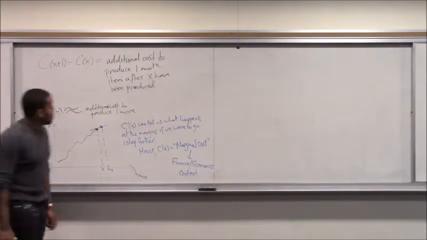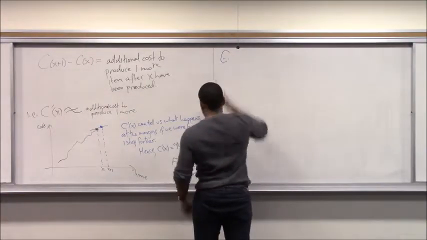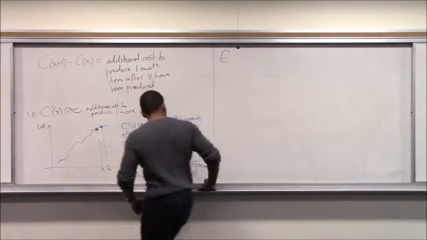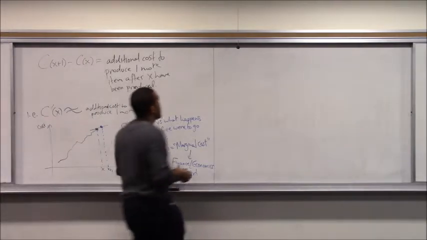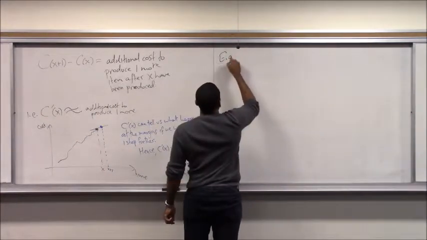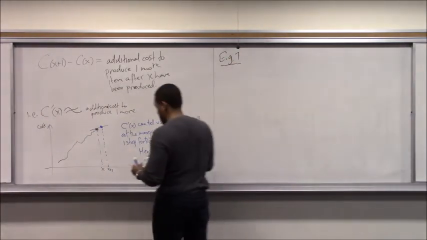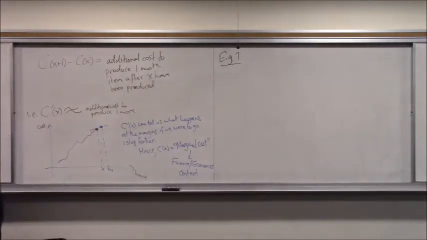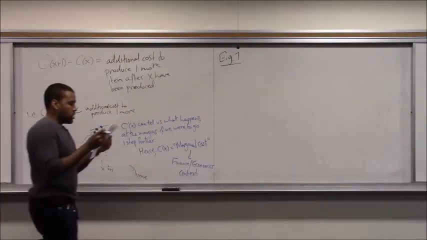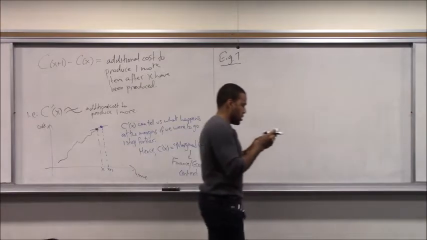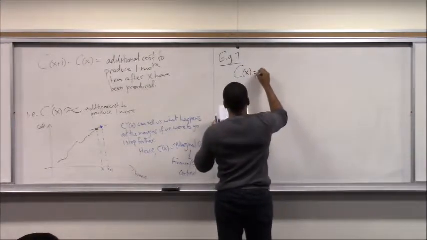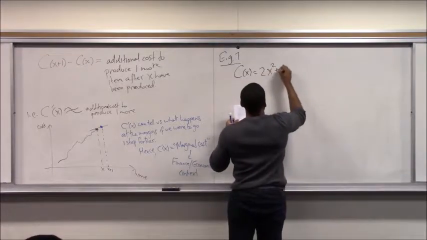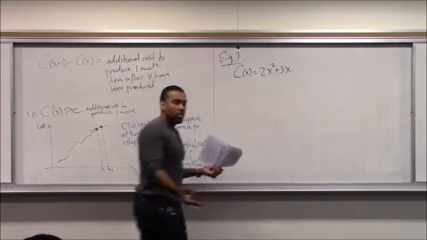So let's look at example 1 here. Example 1 says, suppose the cost of producing X glow-in-the-dark boxer shorts is, so we have a cost function here. And remember, cost functions are always given.